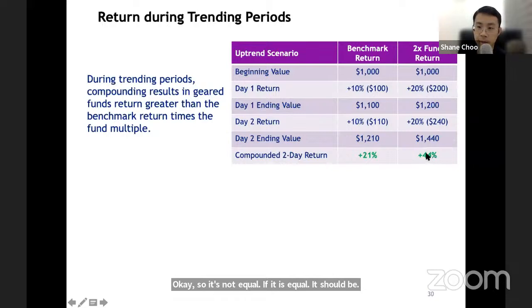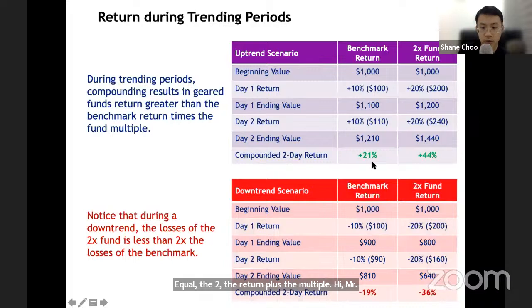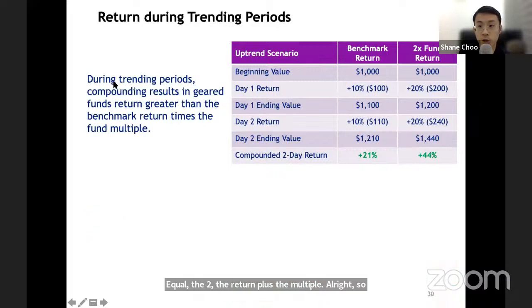But because it is not equal, because 20% of this value is 240, you get 1,440. So other than 1 day, the performance of the ETF is not equal to the return times the multiple. All right. So you will notice that during trending periods, so this is a trending period because for 2 consecutive days, the benchmark return delivers positive return.